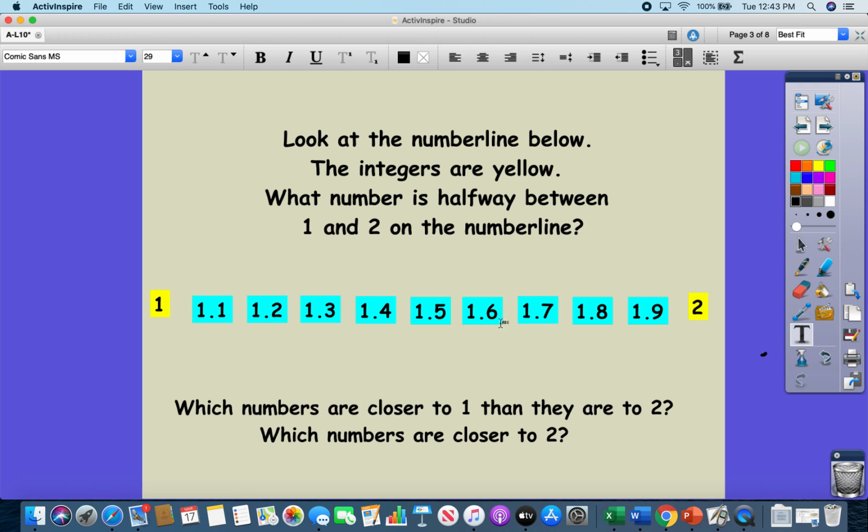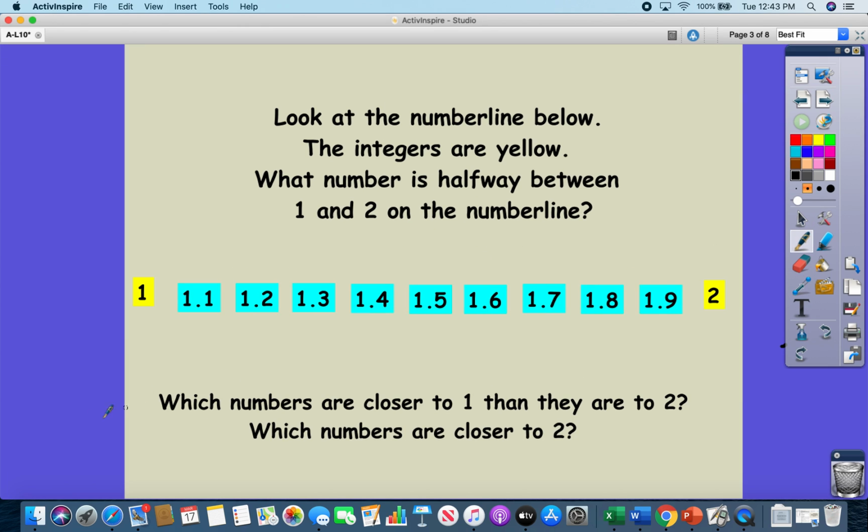So think about this. Which numbers are closer to 1 and which numbers are closer to 2? So look at your page here. Obviously, 1.1 is closer to 1 than 2. 1.2 all the way to 1.4, those are all going to round down.